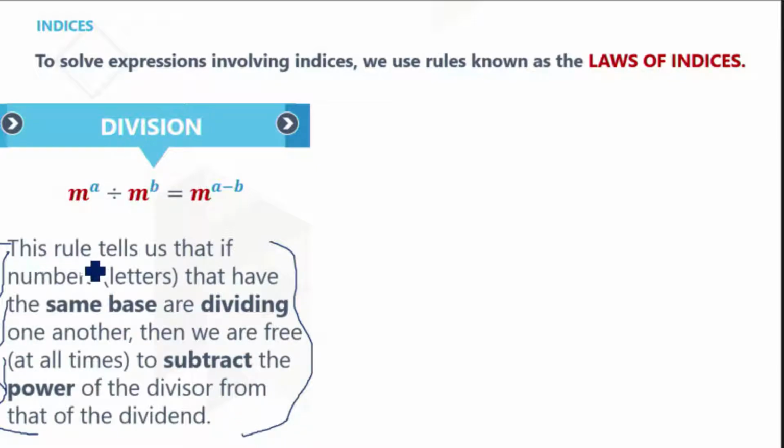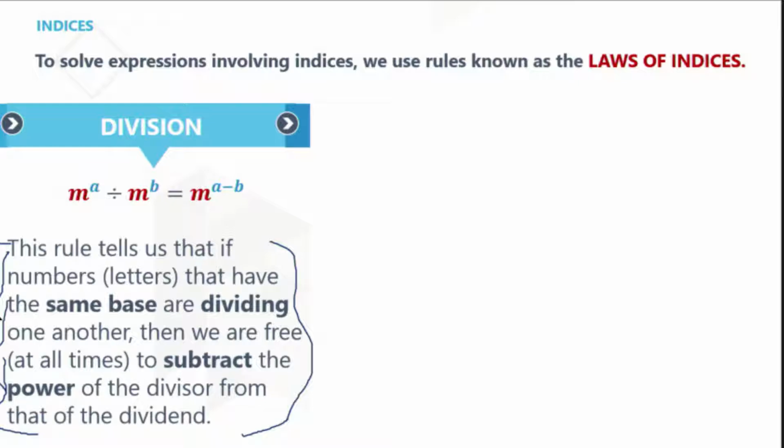This rule tells us that if numbers or letters that have the same base are dividing one another, then we are free at all times to subtract the power of the divisor from that of the dividend. Let me define what these mean.